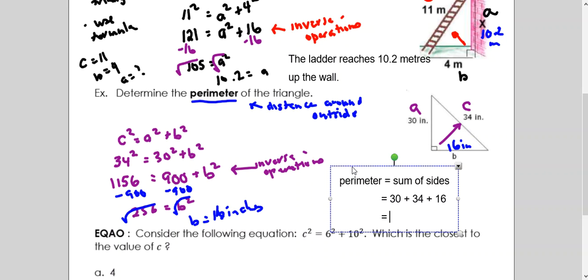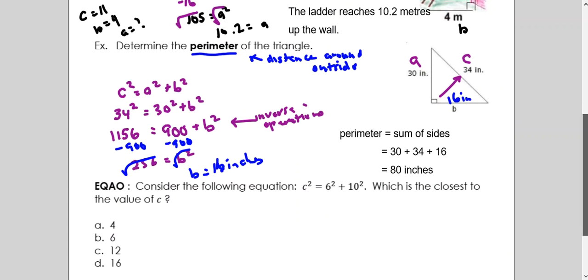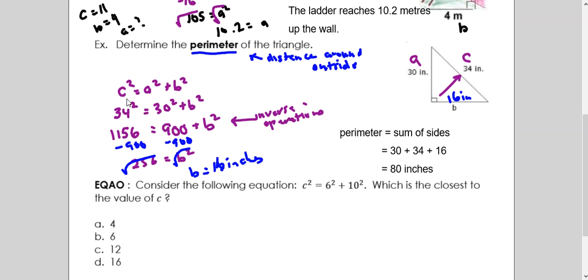All right, so 30 plus 34 plus 16, that's 80. There we go. So hopefully that's helped you. The biggest thing here is make sure that you identify your C, plug in exactly into the formula that you're given, and solve it using inverse operations.